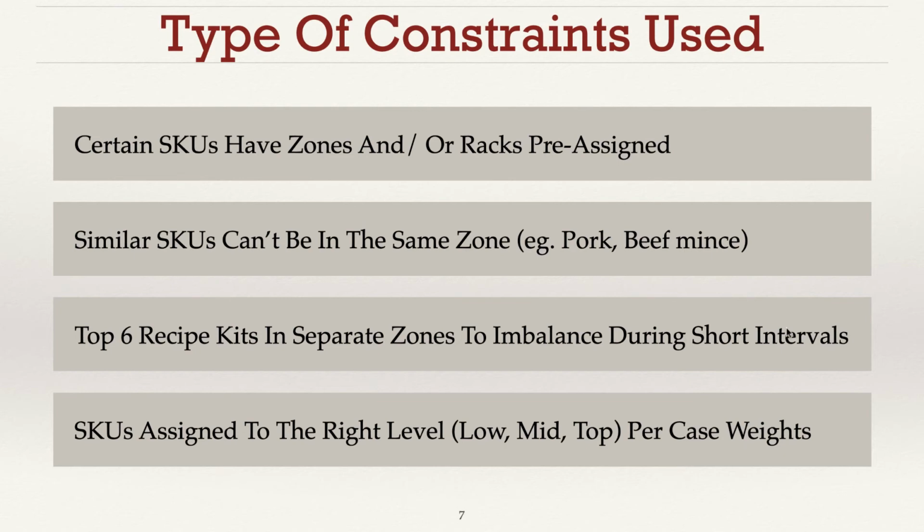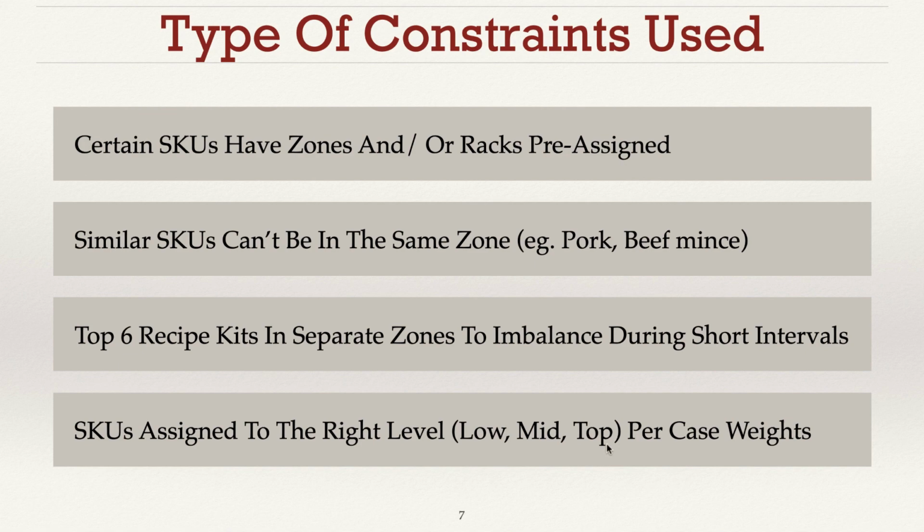So shorter interval performance will slightly underperform compared to the overall performance, and therefore you would want to balance these out, and this is another type of constraint used.